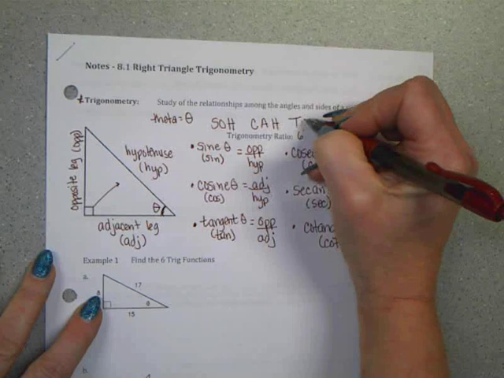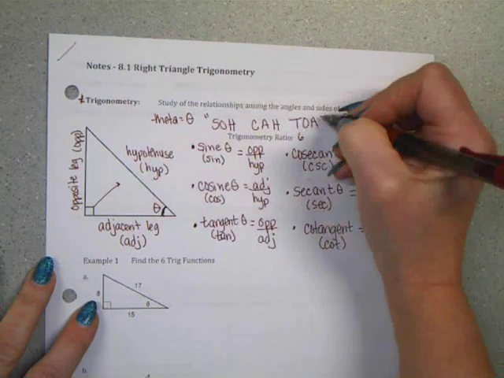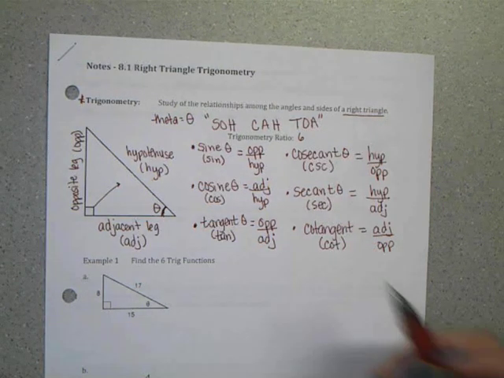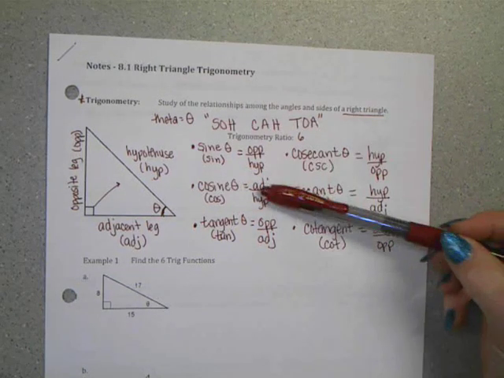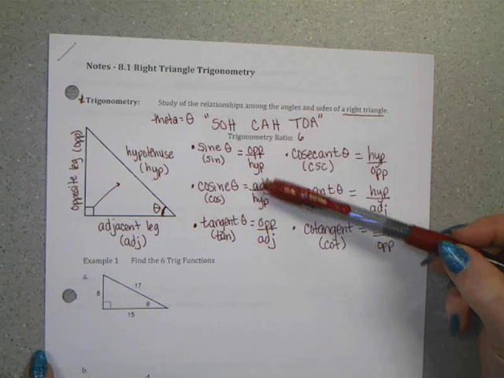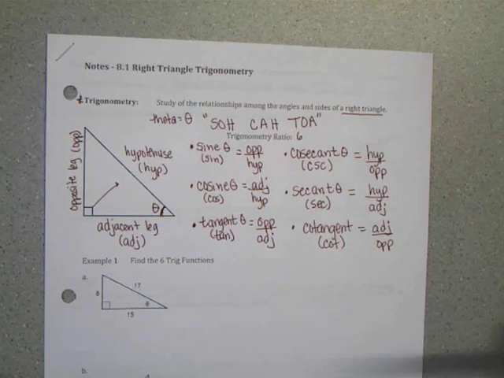Now, if you have older siblings that have had math, and especially trigonometry, you might have heard them, as they're doing their math, say SOHCAHTOA. And SOHCAHTOA represents the 3 trig functions. Sine opposite over hypotenuse, cosine adjacent over hypotenuse, and tangent opposite over adjacent.